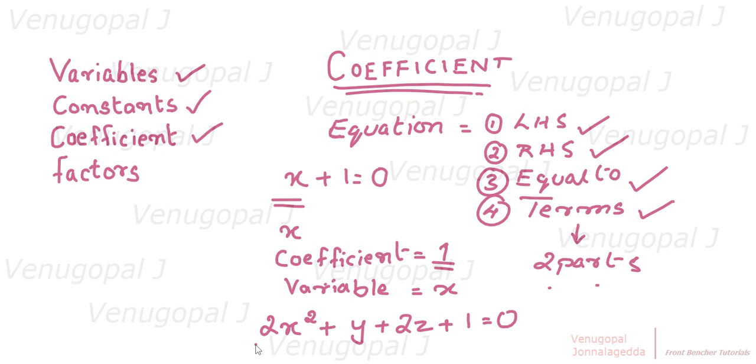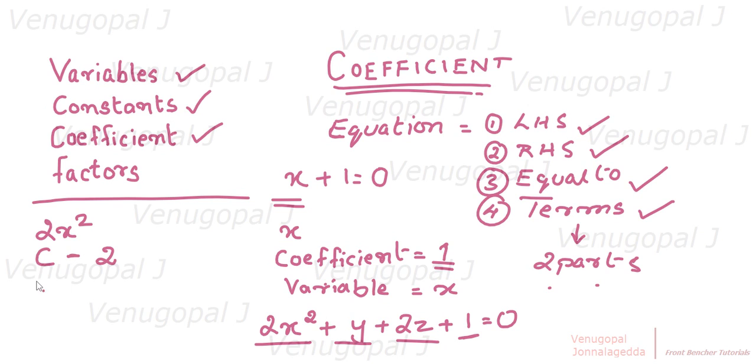So you have 3 terms in it and a constant. Okay, if I take the first term here, which is 2x square, in this, I'm writing c as the coefficient. C is 2 and the variable, v as a variable, is x square. So the coefficient of x square is 2. That's how you need to remember.